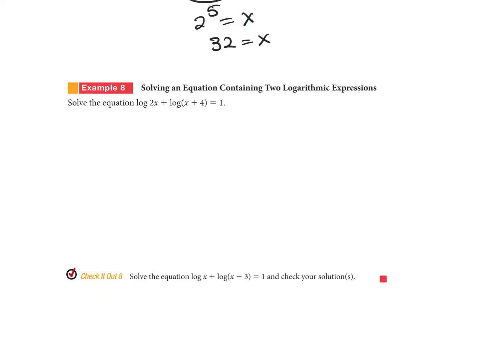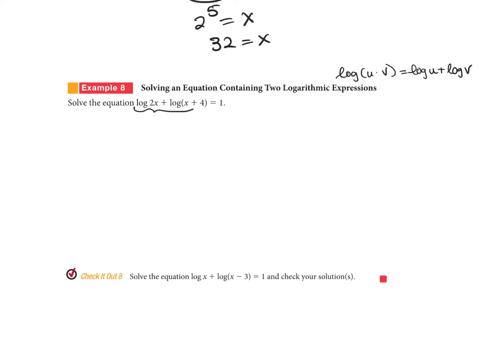Okay, in general, if you have a log and you can get a log on both sides, then you can basically just raise that power to the base and cancel both those logs. But because we have this 1 over here, we're going to have to use our other properties. And we remember that we said that the log of u times v equals the log of u plus the log of v.